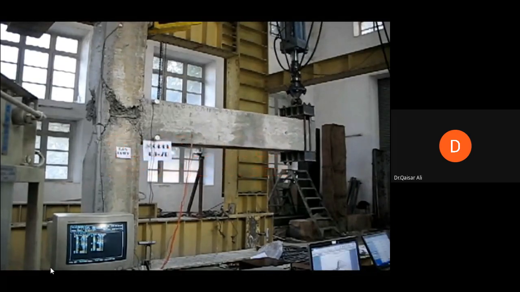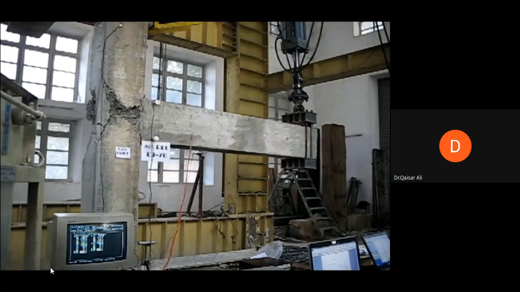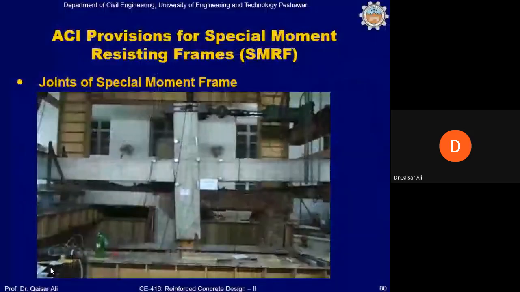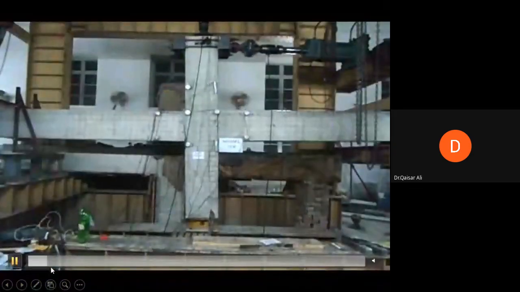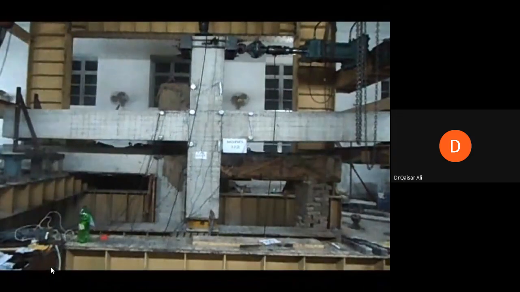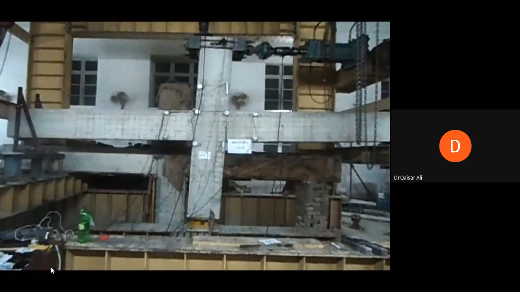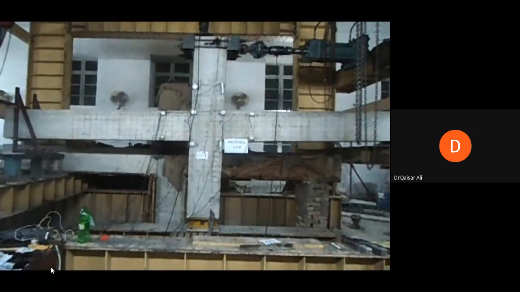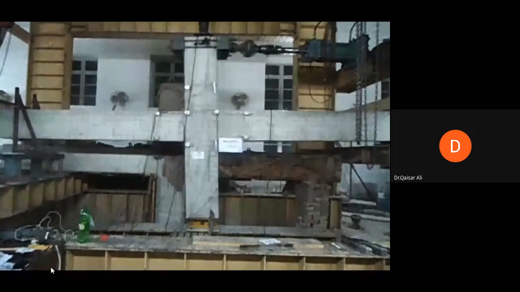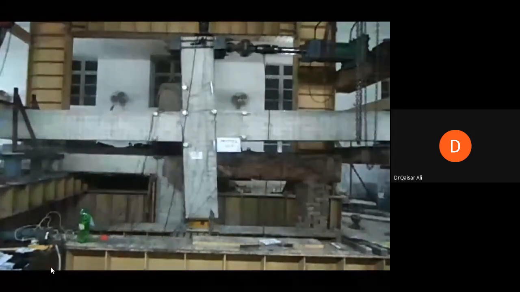You can see clicking of the joint, moving of the joint. Okay. It's another video on an interior joint when subjected to earthquake loading. You can see the movement of the frame back and forth.